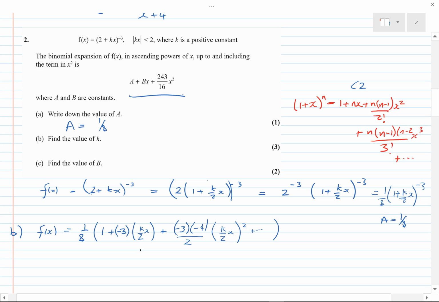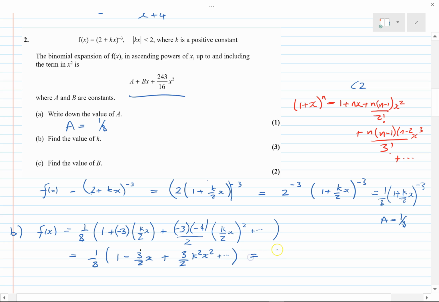Okay, so now it's just a matter of simplifying. So that's 1 over 8, 1 minus 3 over 2x. Now here we've got a bit of cancelling we can do. That 4 cancels with that 4. It's going to be positive because there's 2 negatives. So that's going to be 3 over 2, 3 over 2 k squared x squared.